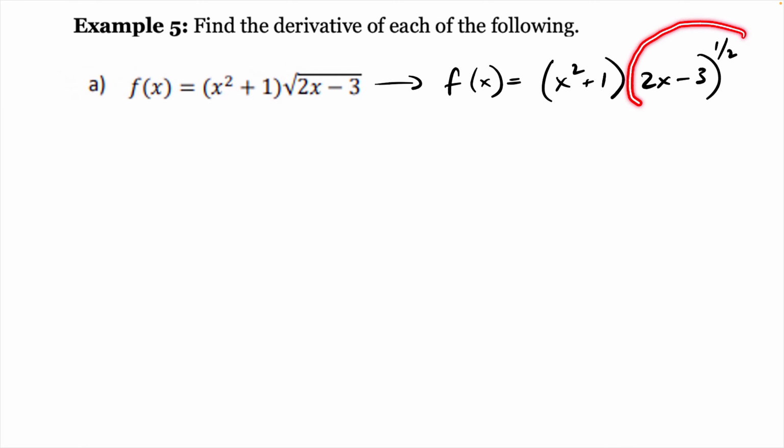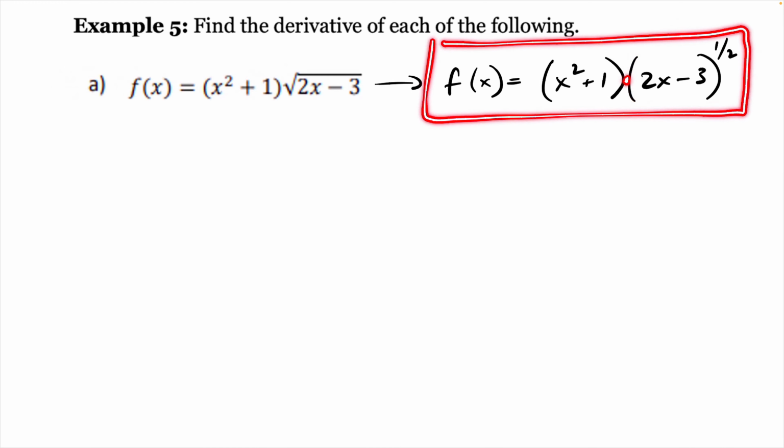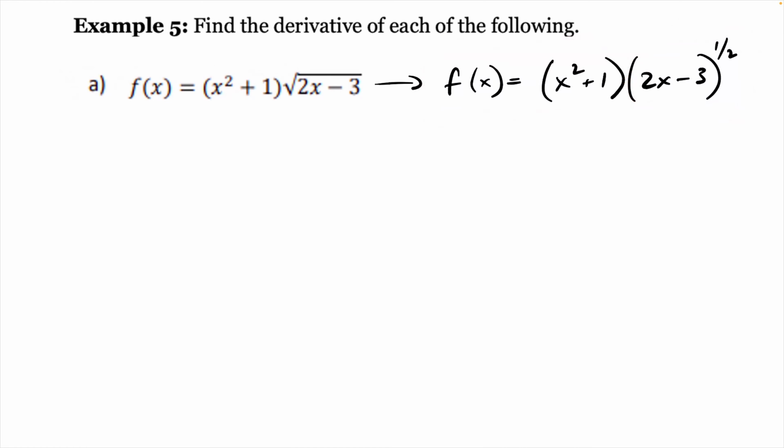This part here, we're going to need to use the chain rule, right? And then when we find the derivative of the whole thing, we're going to need to use the product rule, right? So which rule am I going to use first? Product rule or chain rule? No, it's actually product rule first because we're multiplying these 2 guys. Within that, we're going to use the chain rule, but it's product rule first.